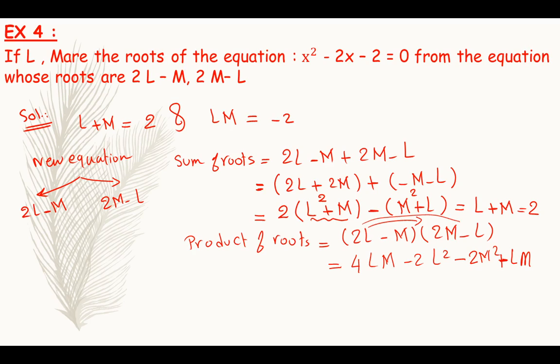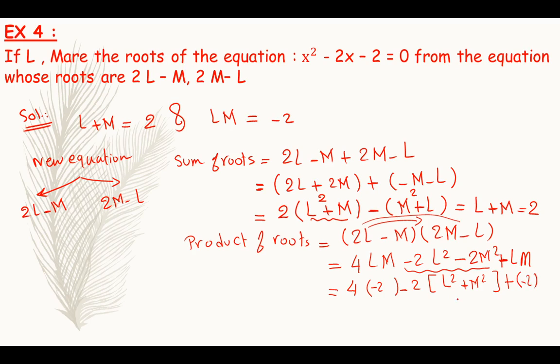Here again, you can see that this problem is a tough one also. Here 4 multiplied by LM, LM is equal to negative 2, and here we are going to take negative 2 as a common factor. The result will be L squared plus M squared and plus LM, and we know that LM is equal to negative 2.